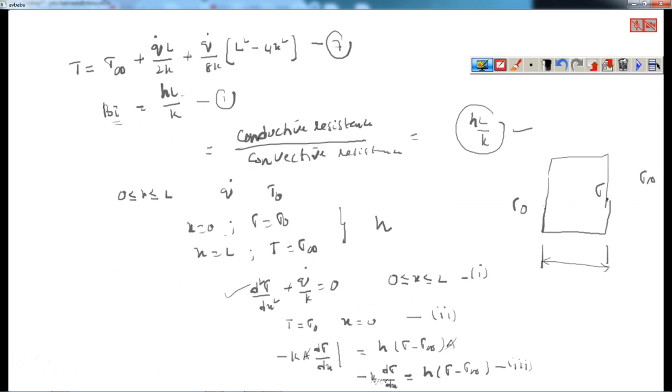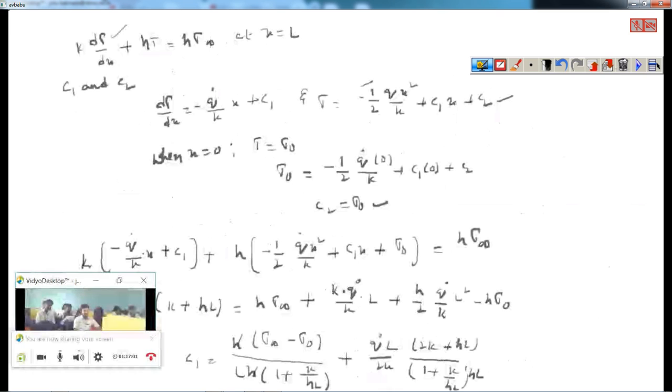A gets cancelled, so minus k dT by dx is equal to h into T minus T infinity. Up to here, no doubts. Now I have brought T to the left side, so T infinity becomes positive, and the equation turns into this form at x is equal to L.